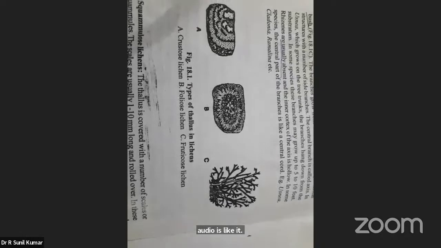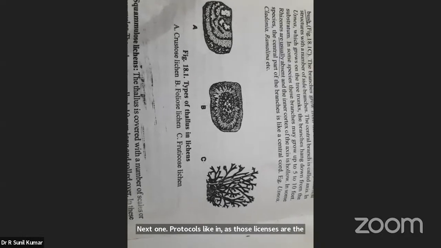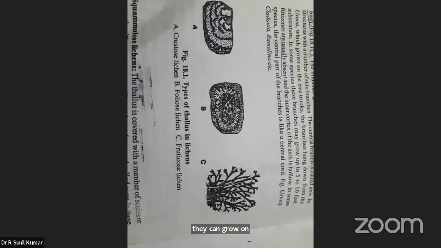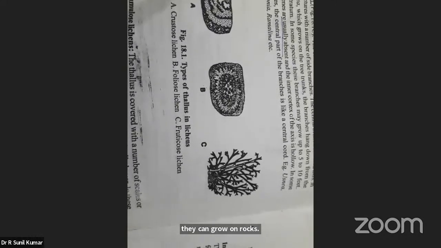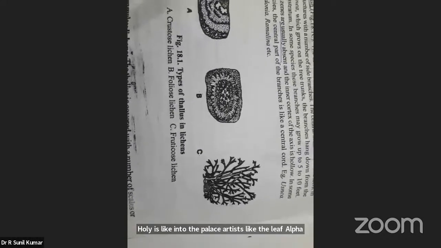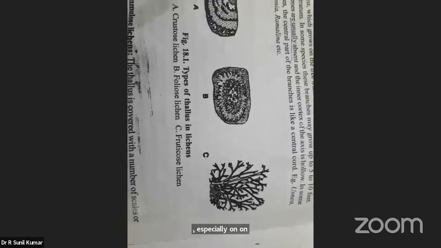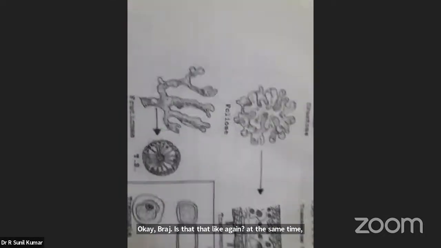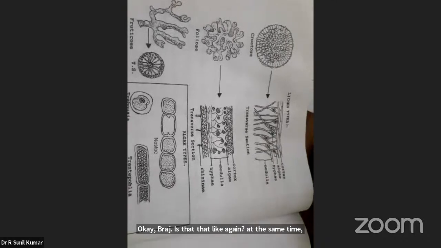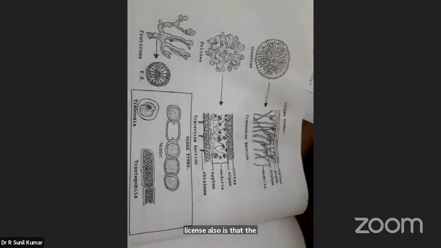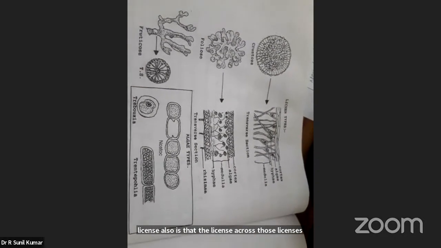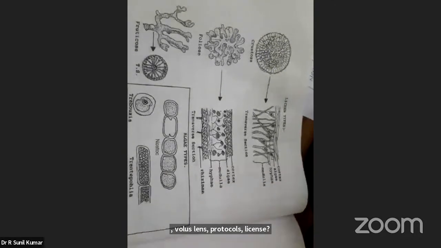Crustose lichens can grow on rocks. In foliose lichens the thallus is organized like a leaf. In fruticose lichens the thallus is organized like a bush, especially branched. These are the different types of thallus organization.